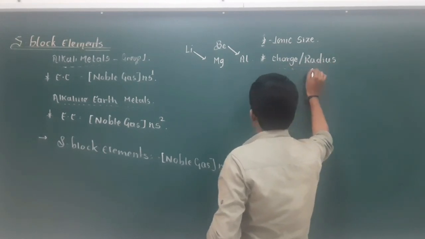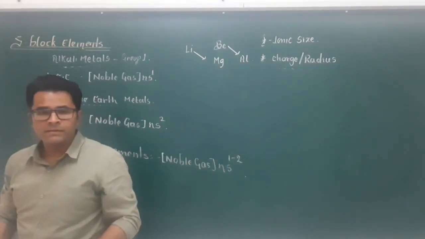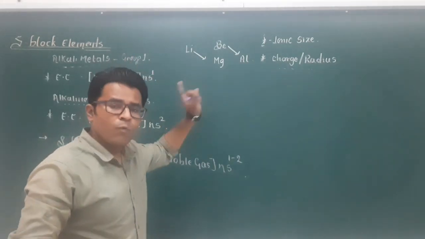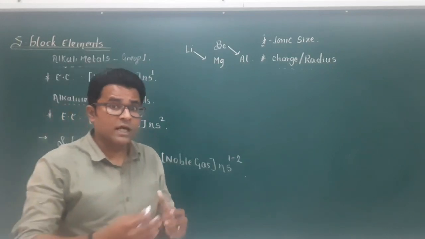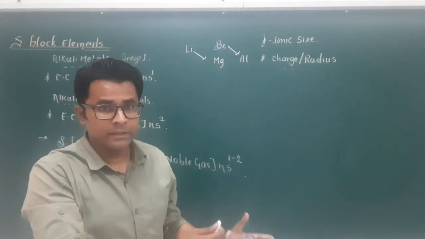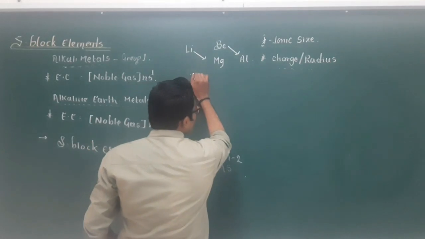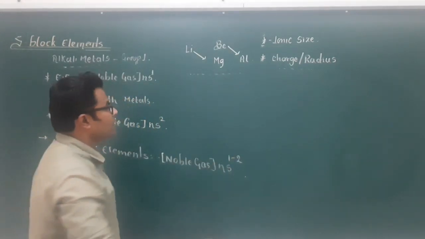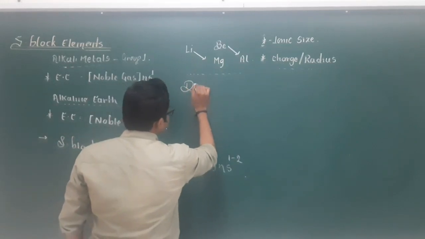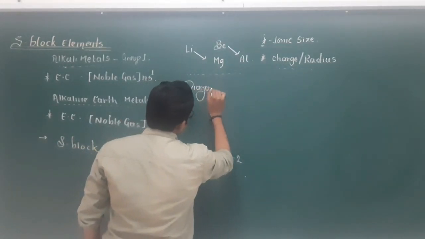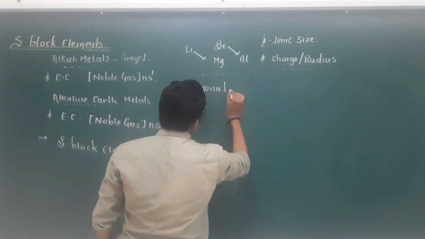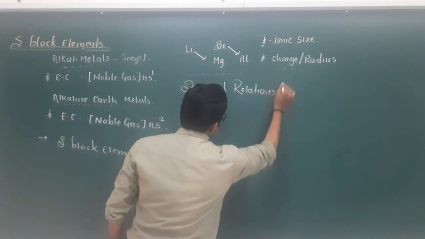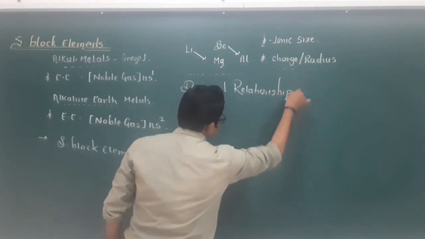Because of this ratio, again, lithium tends to show properties similar to magnesium, while beryllium tends to show properties equivalent to aluminium. And this particular case we call the diagonal relationship.